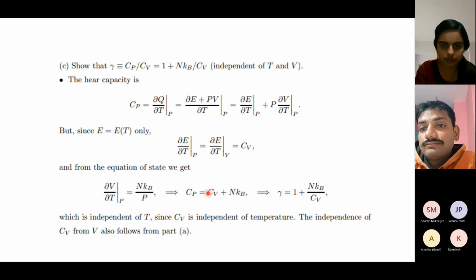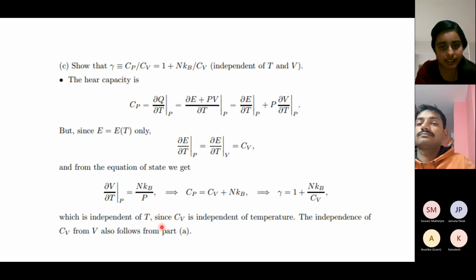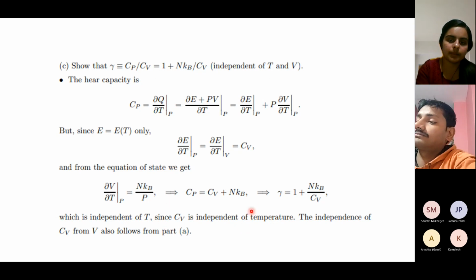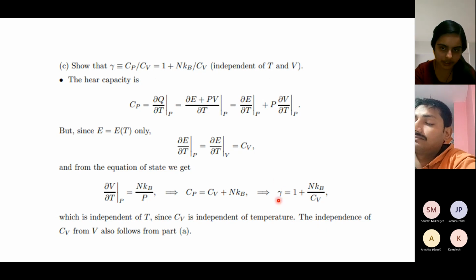If you divide by Cv, this is the term. Here N and Kb are independent of temperature and volume, and Cv is also independent of temperature. How do you get that? You get this expression, that's fine. But in order to say that it's independent of temperature, you have to say that Cv is also independent of temperature. So how do you get that?